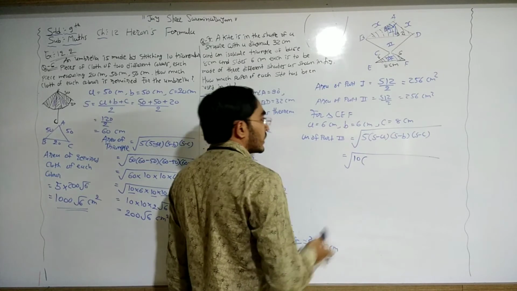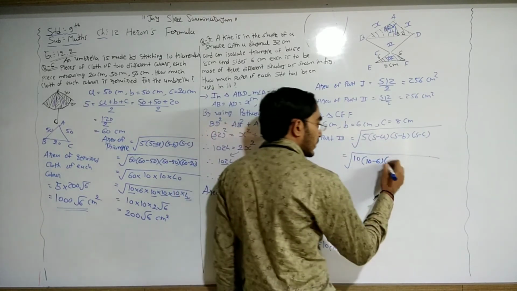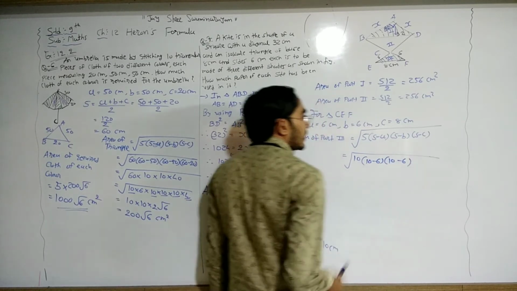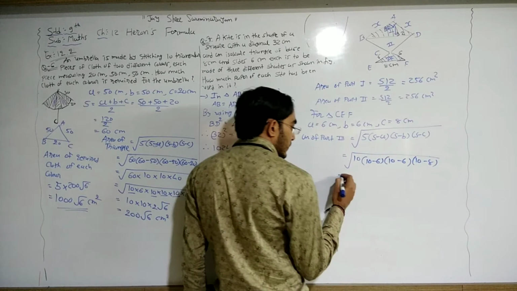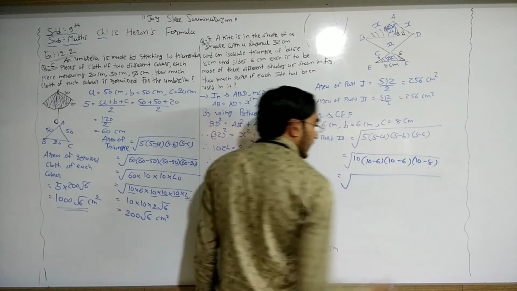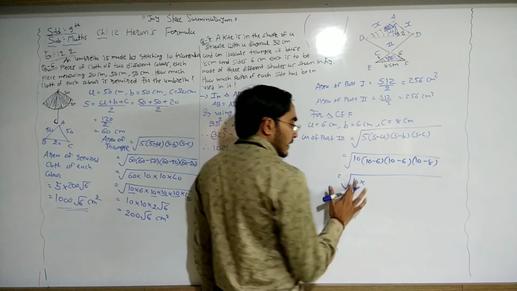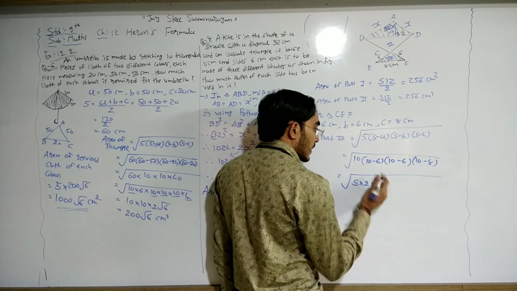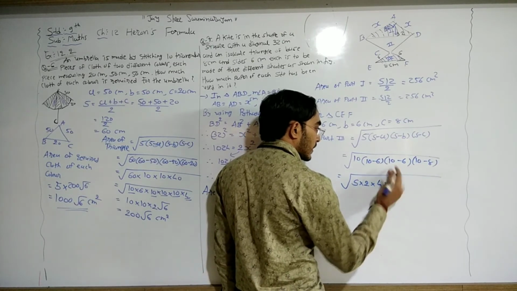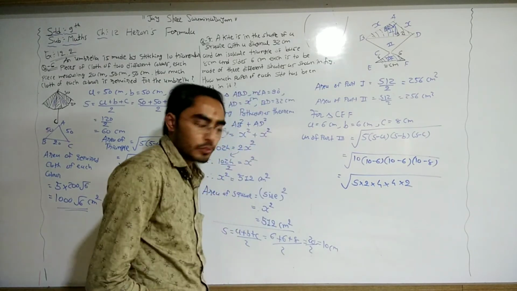Now S is 10. S minus A, so 10 minus 6. Again 10 minus B, 6. And 10 minus C, that means 10 minus 8. So here 10, and 10 means 5 multiplied by 2. Here 10 minus 6 is 4, 10 minus 6 is 4, and 10 minus 8 is 2.